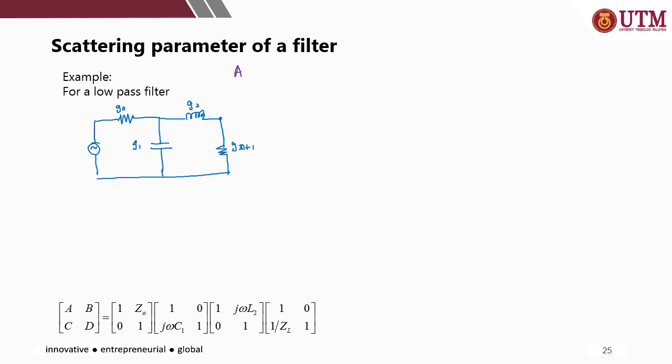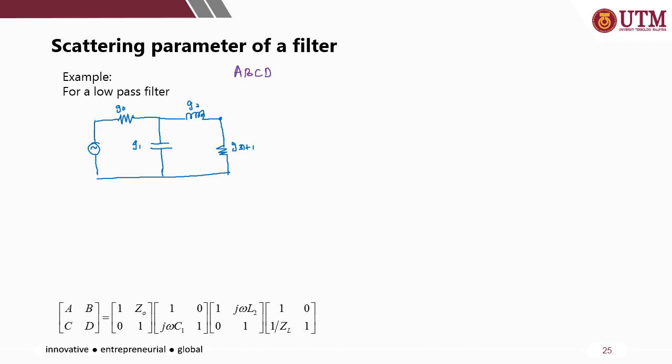You can analyze by using the ABCD matrix that you have seen in network analysis, in which each of the components you have in the circuit may be represented with an ABCD matrix, and then multiplication between each of the matrices will produce the output ABCD matrix. Then you can use the ABCD values to calculate the S parameters.